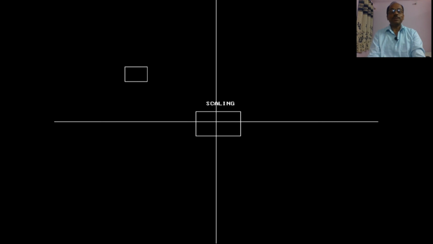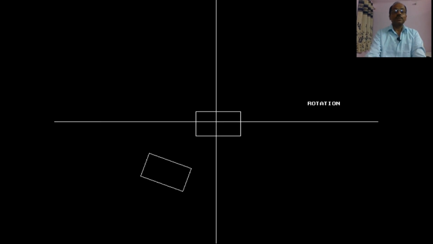Just as we have described, to compact or reduce, we put the scaling factor less than 1, and here you are seeing that I have inputted 0.5 and 0.6, and both these are less than 1. So, it has been compacted, I mean reduced in size. So, by this way the scaling is done.